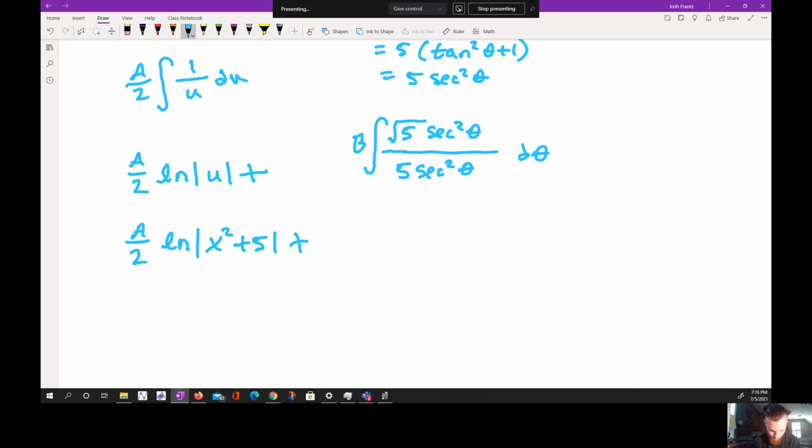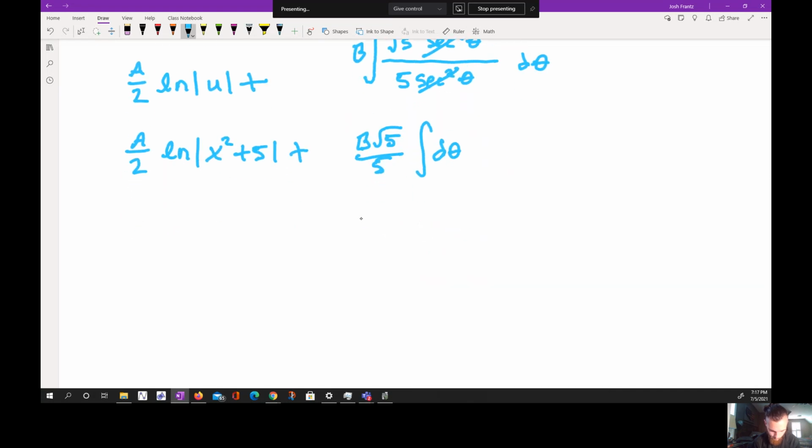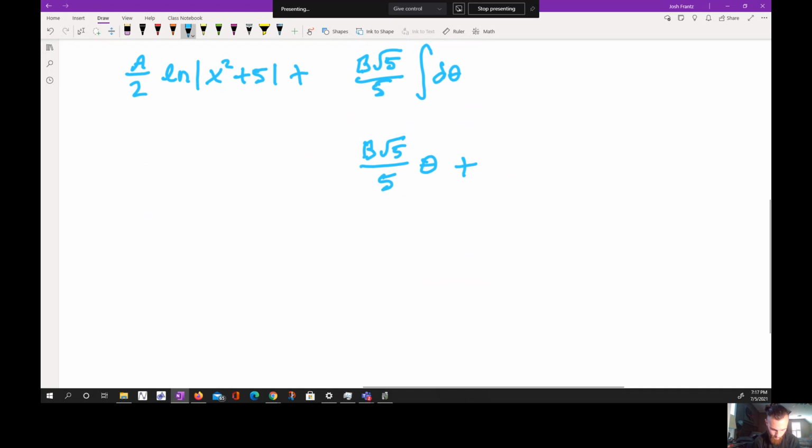So we take out our constants there, b square root of 5 over 5. These go away, so we'll just be left with 1. So we'll be just left with the integral of d theta, times b square root of 5 over 5. Integral d theta is just theta. Plus, and we still have one more integral to evaluate, so I'm just going to leave that plus there.